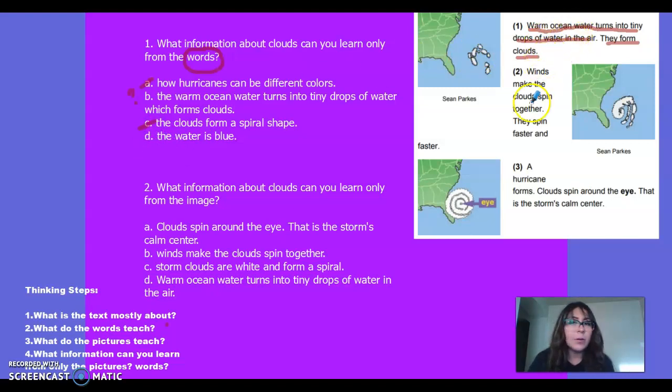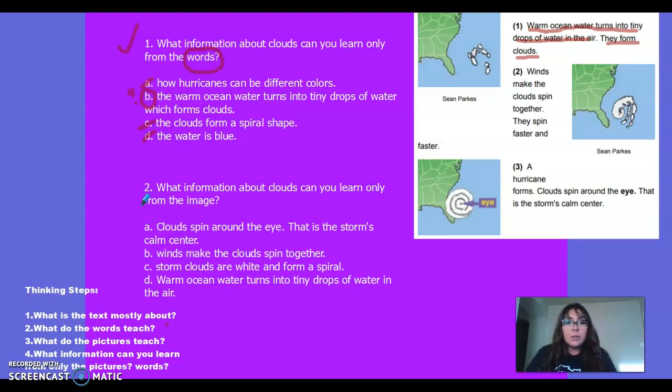No, the words did not ever mention anything about water being blue. I could see that in the picture, but I don't remember reading that in the words. So D is trash. That means that B is the right answer. This is the only information I can find in the words. I know I'm gonna get this question right. Let's move on to question 2.